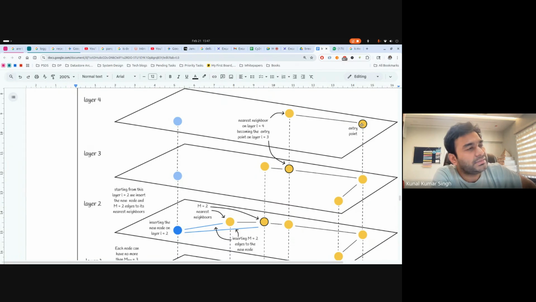That says how many neighbors of this particular node you will try to navigate on that same layer before you go to a layer below it. So let's say here its value can be only 1 or 2.